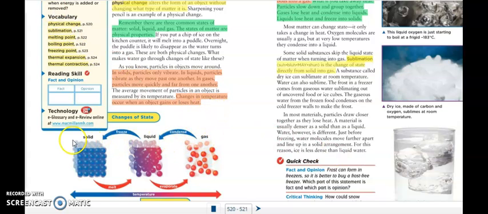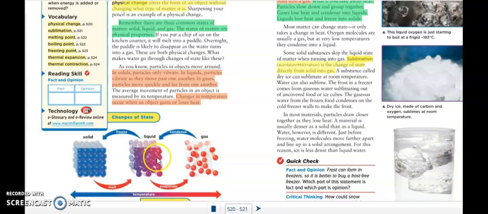Then what's the difference between solid, liquid, and gas? It's the distance between the particles of matter, just as you see in this picture here. In solids, particles are tightly packed so they cannot move but only vibrate, as you see.